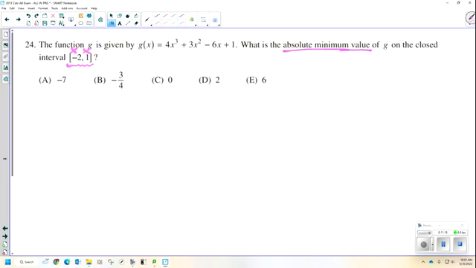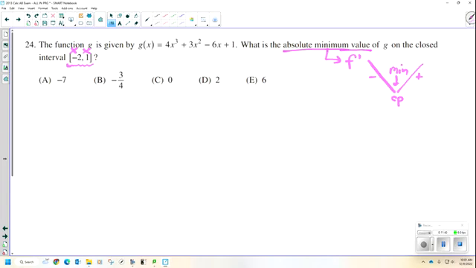Mins and maxes, the bell should be going off because this is first derivative. I want a negative first derivative, then a positive first derivative around a critical point. That's how I find a minimum point.